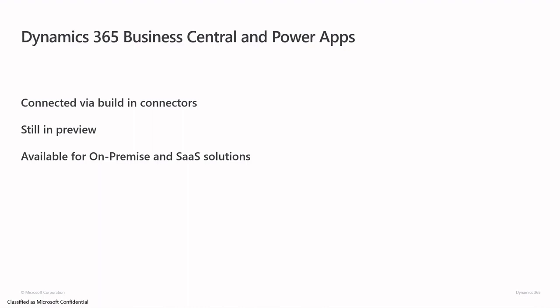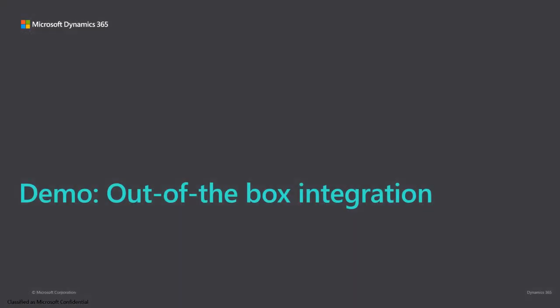So to not speak too much about this, I suggest that we go to our first demo, which is the out-of-the-box integration between Dynamics 365 Business Central and Power Apps.